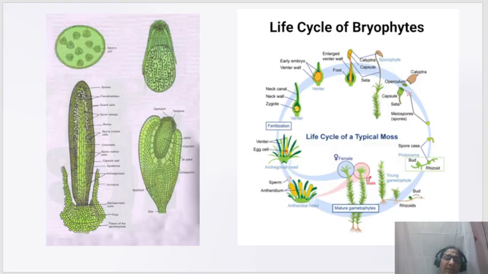So this is the structure of the sporophyte of Riccia, where you can see only the capsule is present; the foot and seta are absent. In the case of Marchantia, you can see the development of foot, seta, and the capsule, where in the capsule the spores along with the elaters are present.